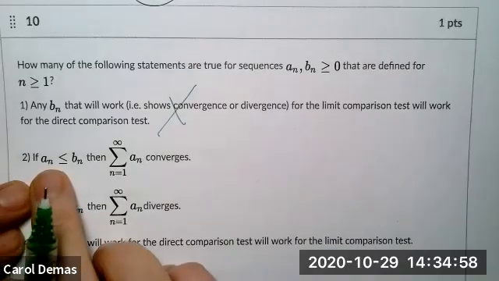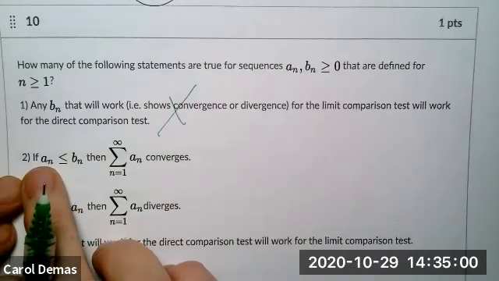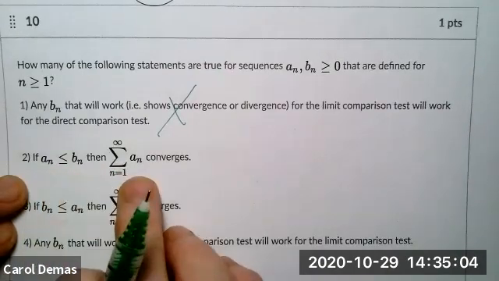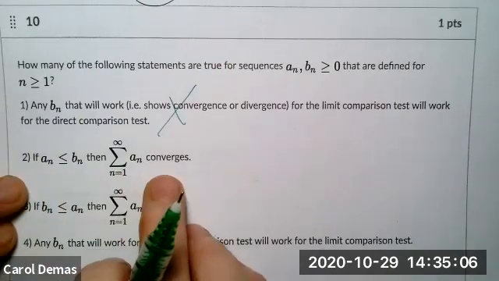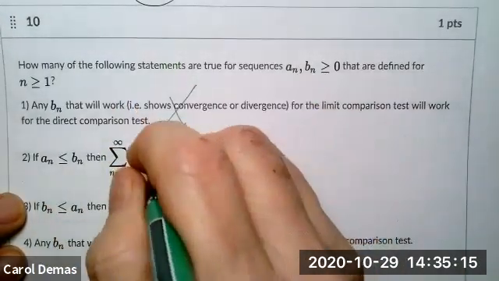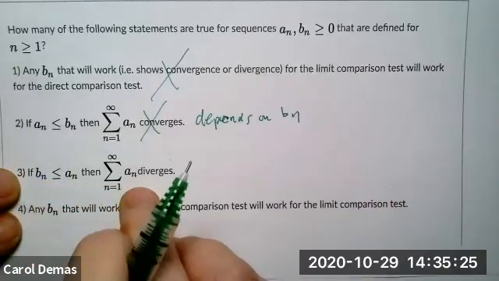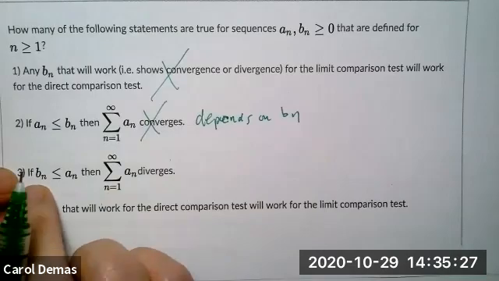What about this: if an is less than bn, then the series an converges? Not necessarily. It depends on what bn does. Same thing here. We don't know if an is going to diverge. It depends on what bn does.